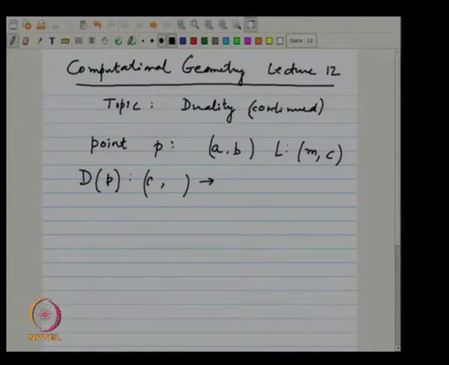So, (a, b) will be mapped to this line L given by y equal to 2ax minus b. In other words, this is my m, and minus b is equal to c.